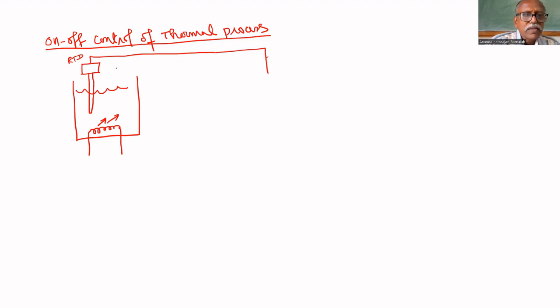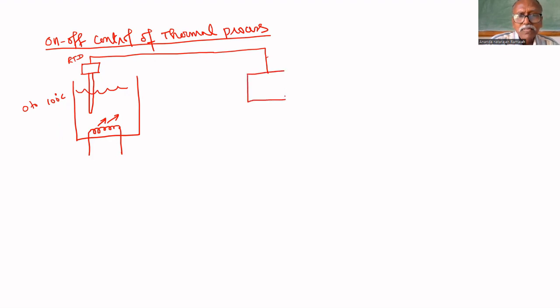So the RTD is a passive device. Its resistance will change based on the temperature. Here, the maximum temperature is 100 degrees centigrade. So it varies from 0 to, let us assume, 0 to 100 degree centigrade.